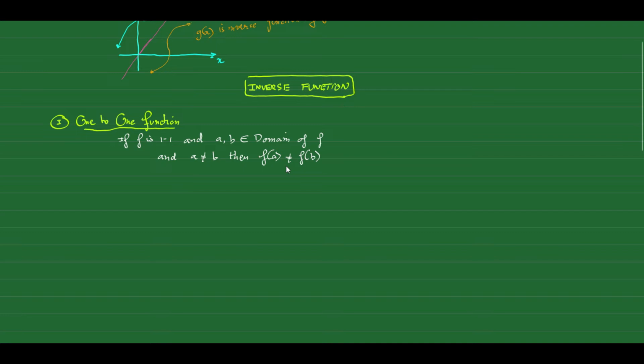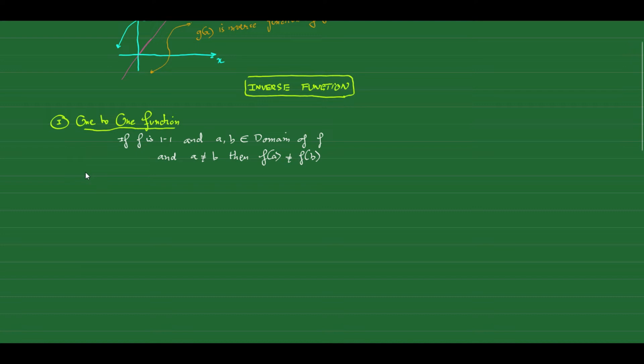That's what I mean. One-to-one means that each x value is assigned a y value, and each y value corresponds back to that x value. That is more important than the formal definition, because it helps us understand what a one-to-one function is.